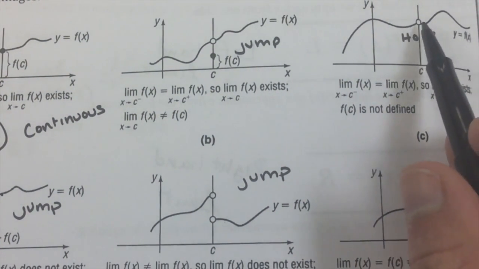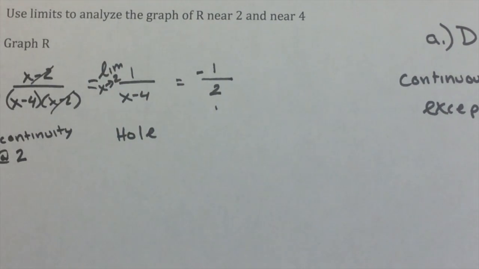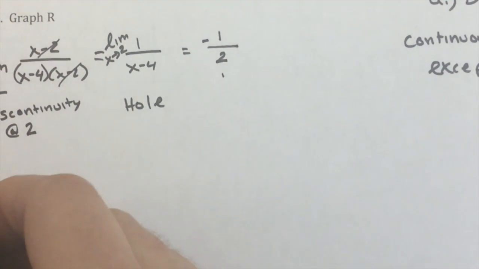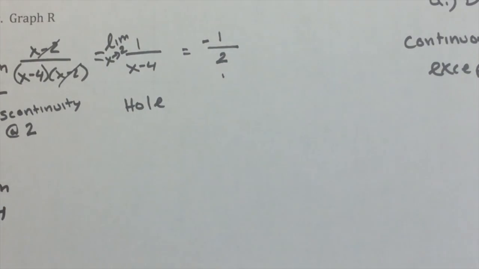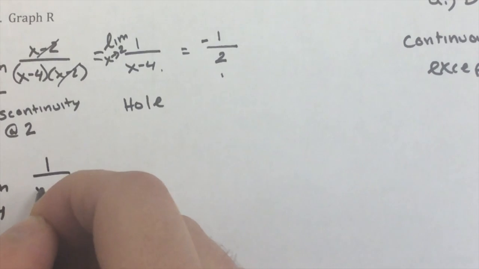It's getting closer and closer from each side, but there's no value there. The whole goal is to actually build this graph. So next up, we're going to look at the limit as x approaches 4, and I'm going to go straight to the simplified version of 1 over x minus 4.